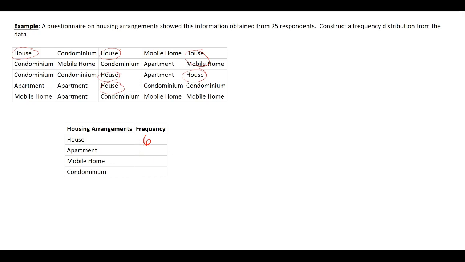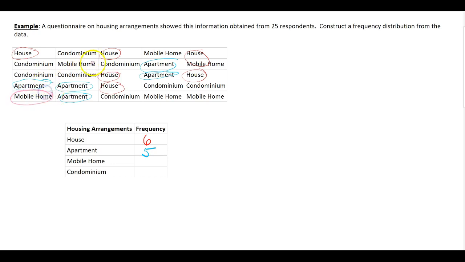Then I'm going to look at apartments. So here's 1, 2, 3, 4, 5 times that apartments show up. So I'm going to put a 5 there. Then I will look at mobile homes.